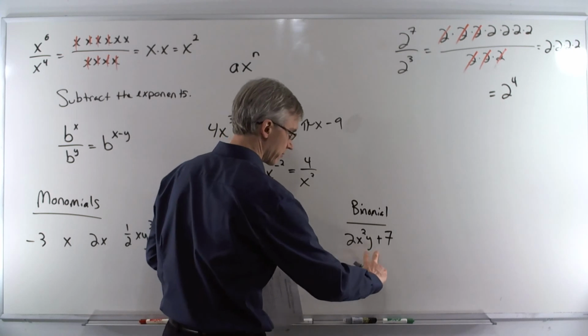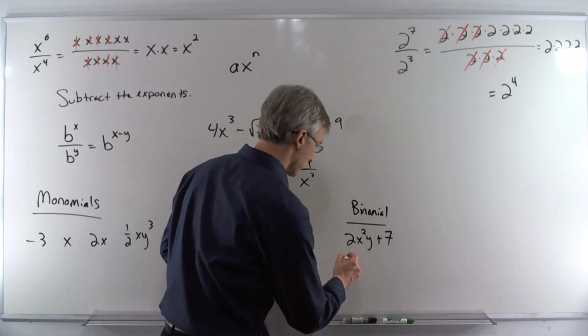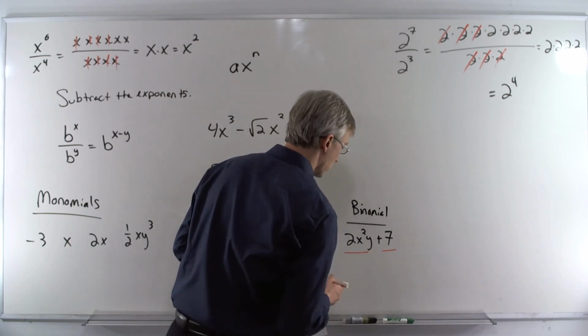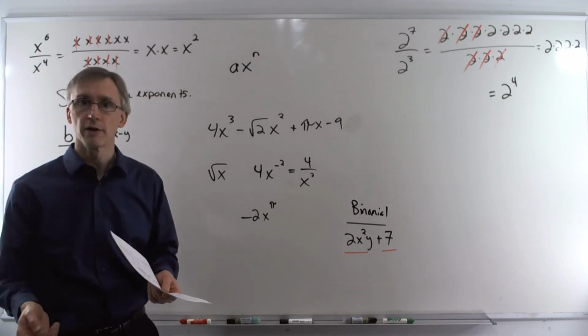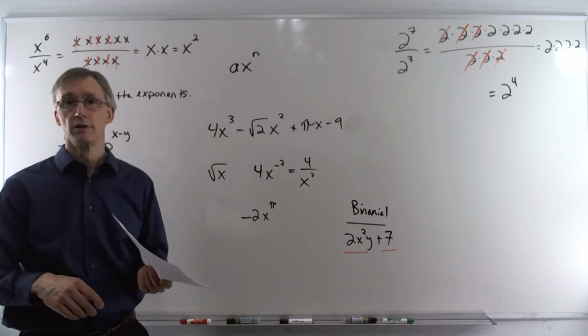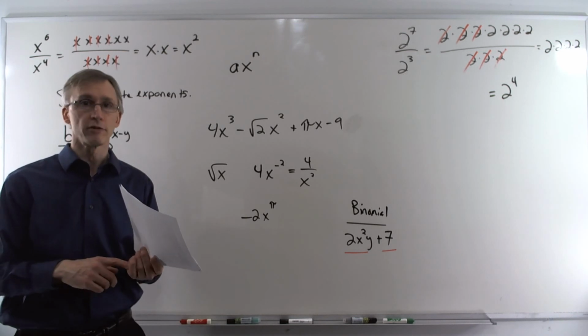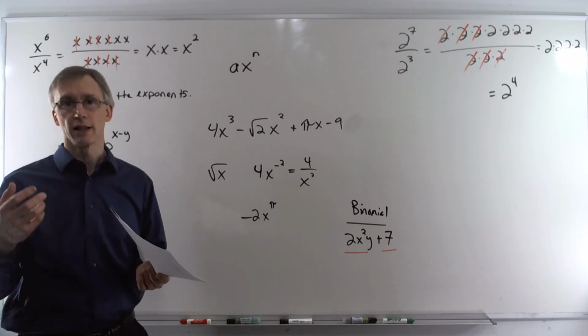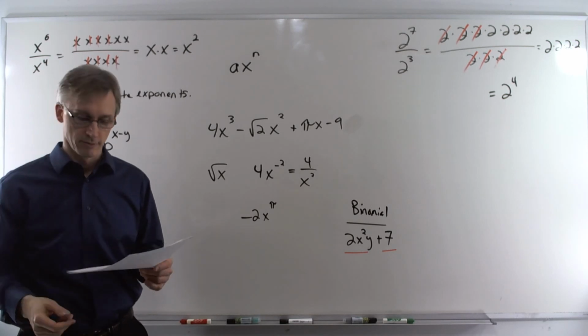So here's a term, here's a term. Two terms make it a binomial. So remember binomial, think of things like bicycle, bike with two wheels, bifocals, it's glasses with two different lenses in them.